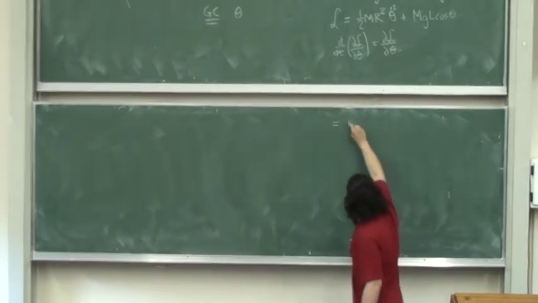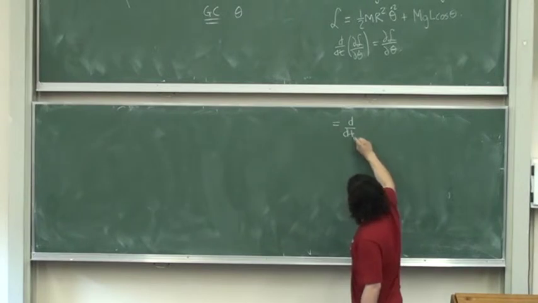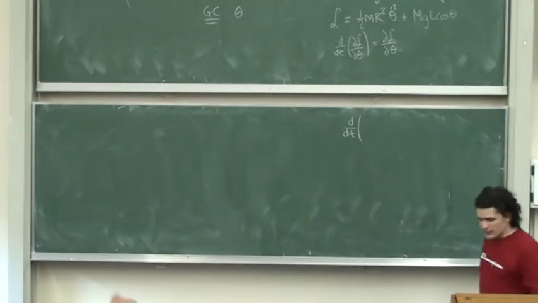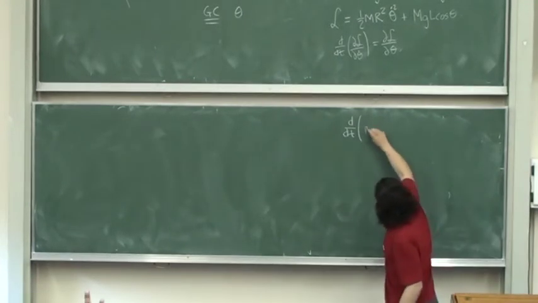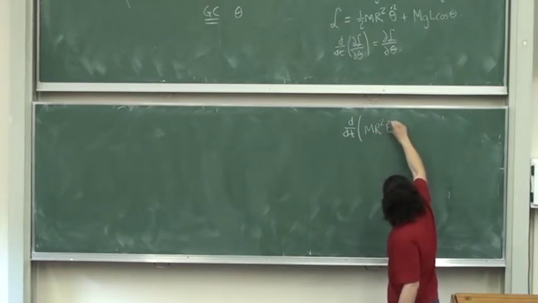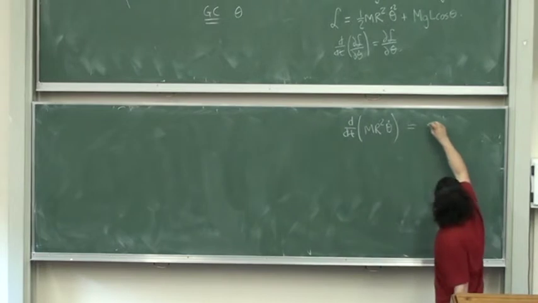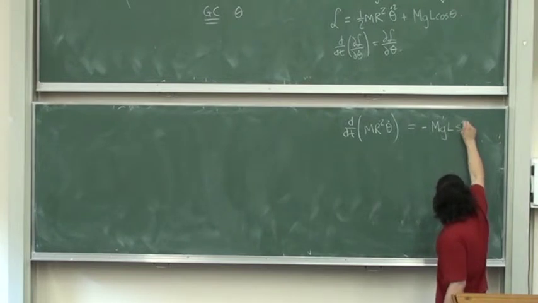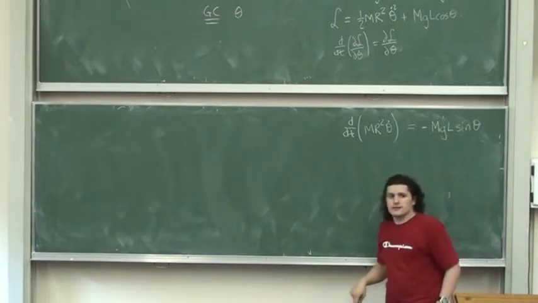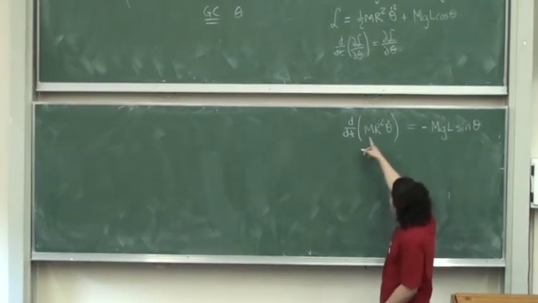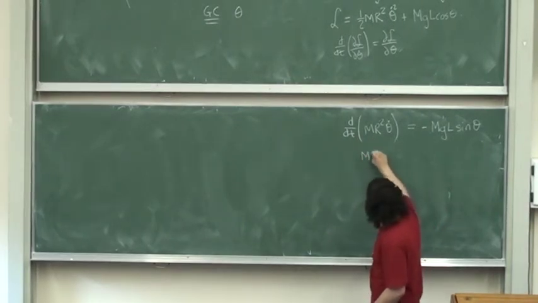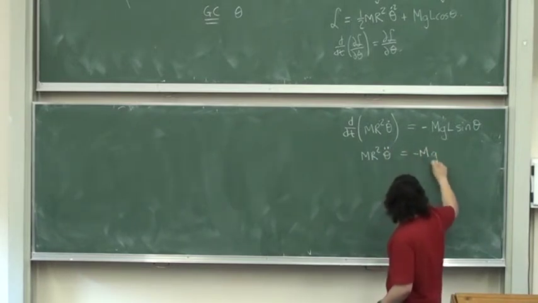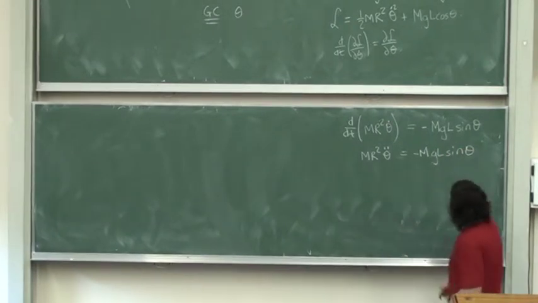That's equal to d by dt of del L by del theta dot, which is simply equal to del L by del theta, and now we can work out this derivative. What do we get? m r squared theta double dot is equal to minus m g L sine theta.